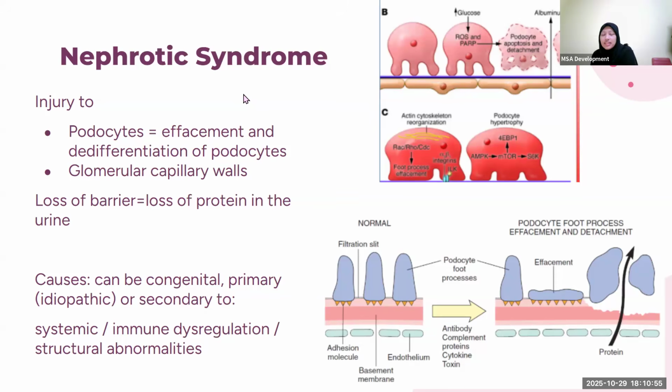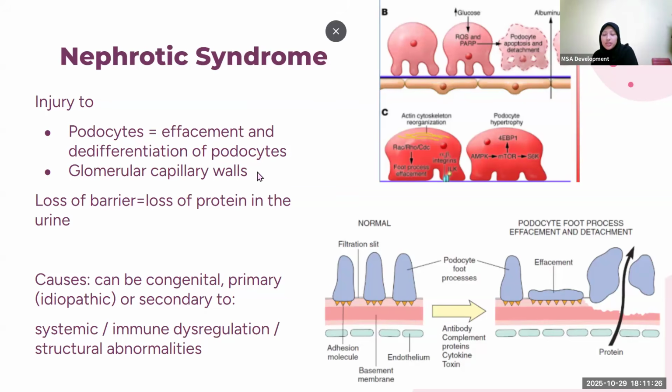There is a theory that the doctor mentions in the lecture where having too much glucose or any sort of damaging factor such as ROS, reactive oxidative species, can cause damage to the podocytes, increasing T cells, like the whole immunity going haywire, which will cause damage to the podocytes.